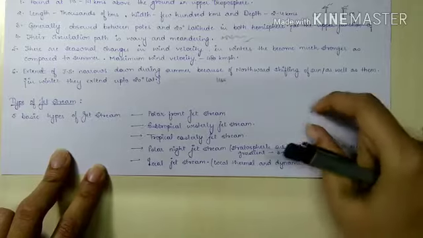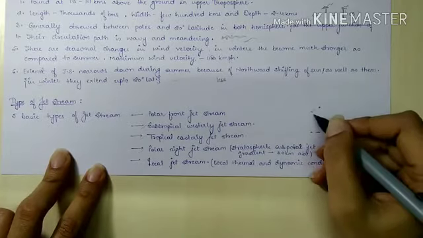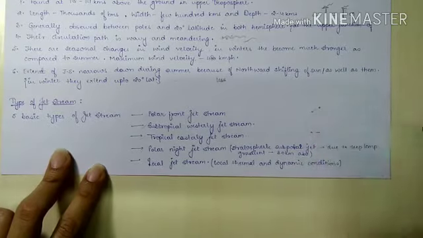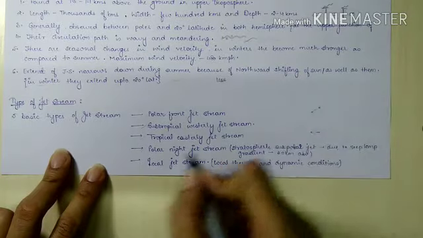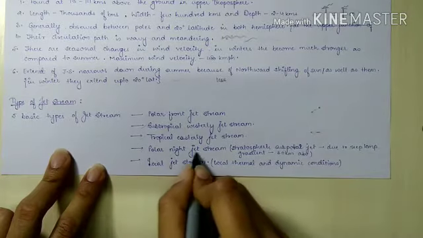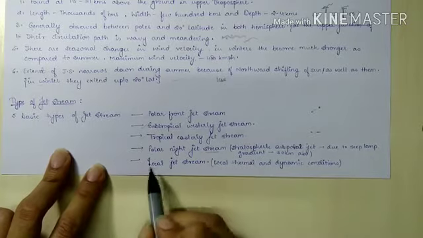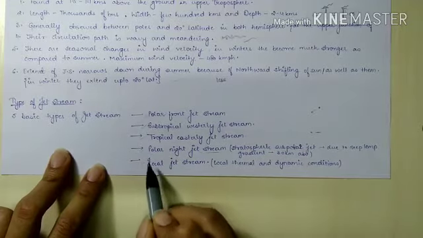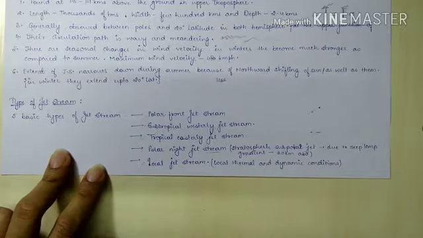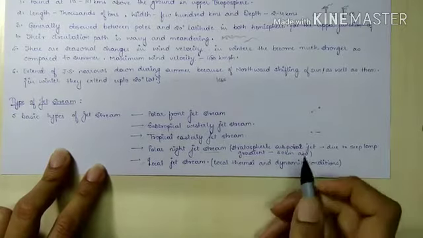So there is a steep temperature difference, because of which there is a steep pressure gradient, and thus the polar night jet streams are formed. And then we have local jet streams. Local jet streams are formed locally due to thermal and dynamic conditions.